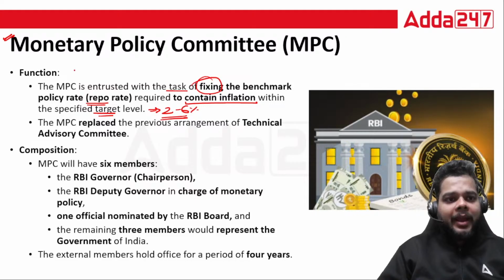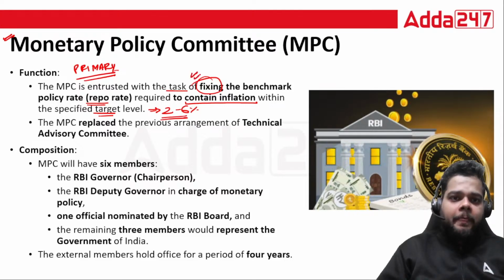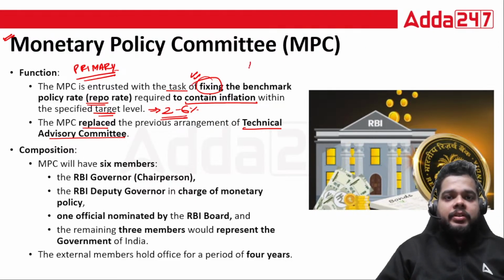So the primary aim or the primary function of your MPC will be the fixation of your benchmark policy rate, also known as the repo rate, the repurchase rate as we call it. The MPC replaced the previous arrangement of TAC, that is Technical Advisory Committee.